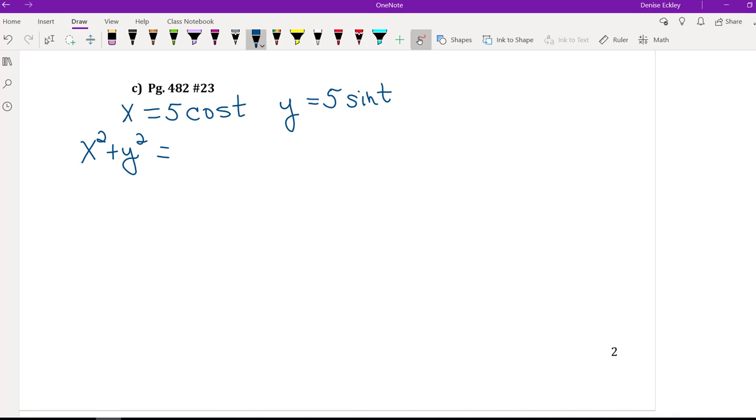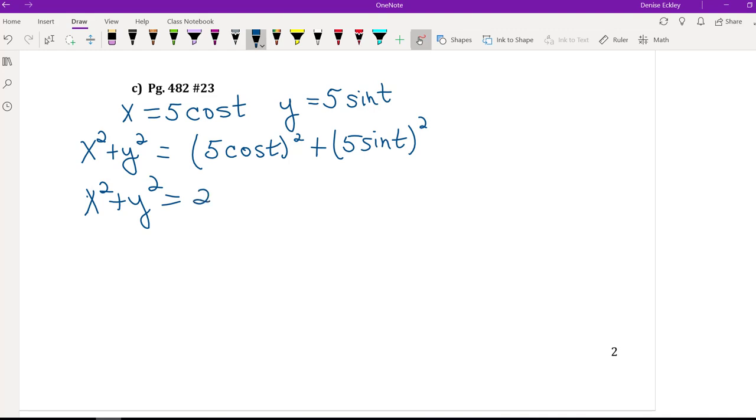So if I square both of these, I would have x squared plus y squared, and I have 25 cosine squared t plus 25 sine squared t.